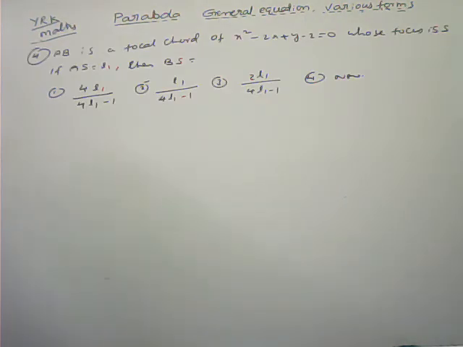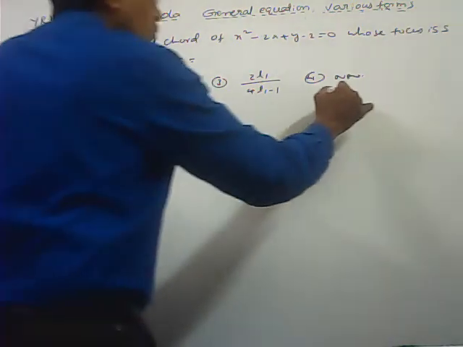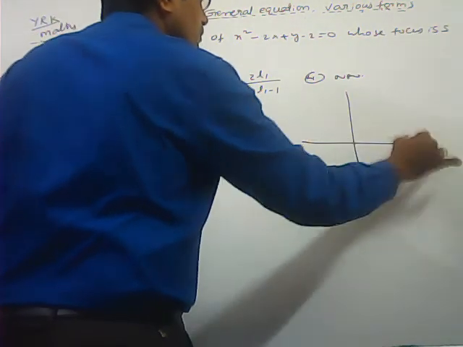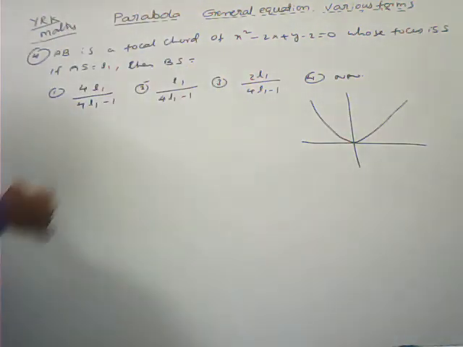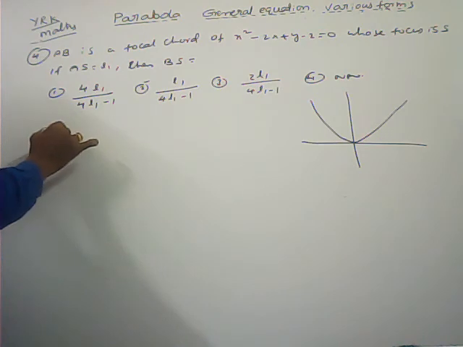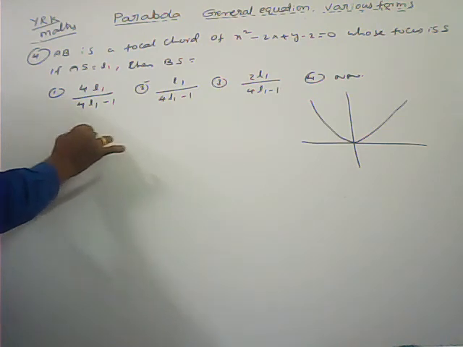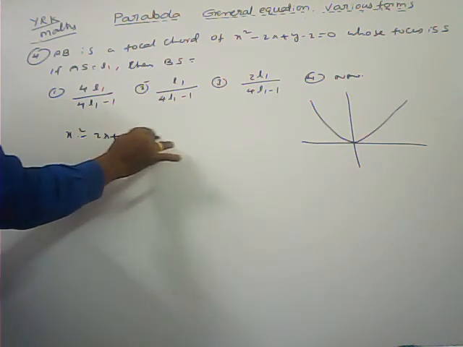Next one more. AB is the focal chord of the parabola. One parabola is given. Here the origin is shifted to some other point, which we don't know, so we can write it in the standard form. x square minus 2x plus y minus 2 is equal to 0.